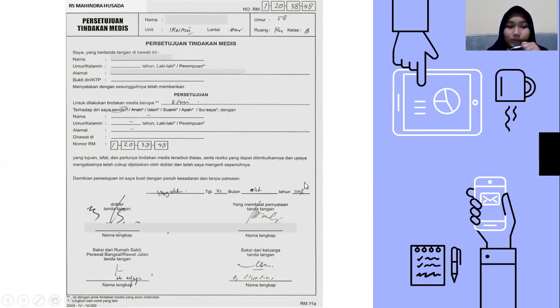But here there are also some parts that are not filled or blank, like the patient's age, proof of identity, and in this part of the statement, the officer did not rewrite the patient's name, patient's age, patient's address, and where the patient was treated, and even the gender section. One of them is not crossed out.